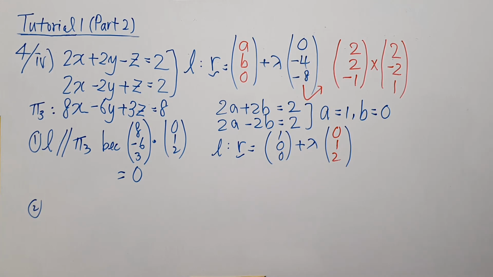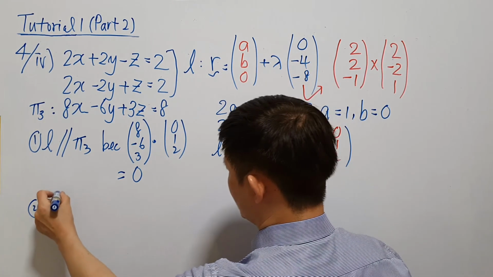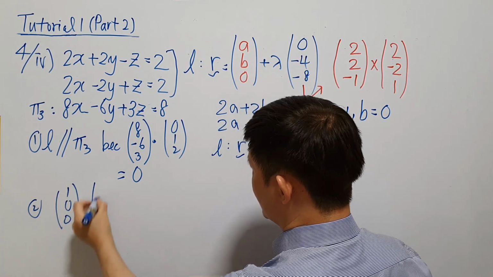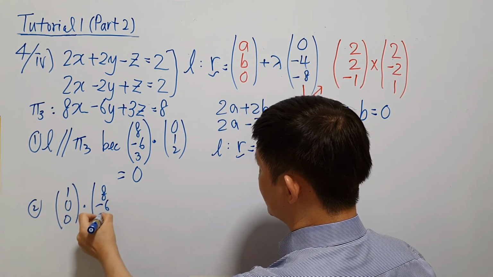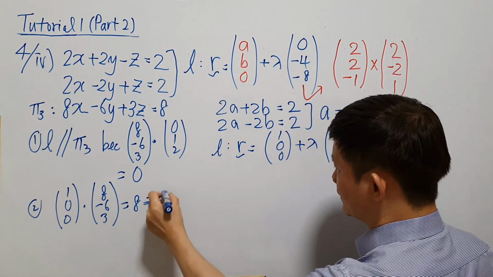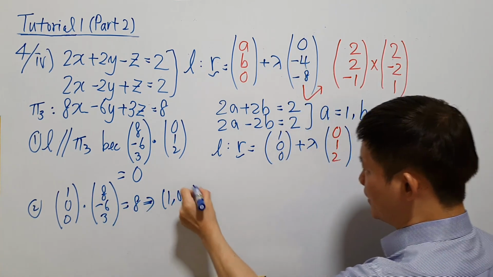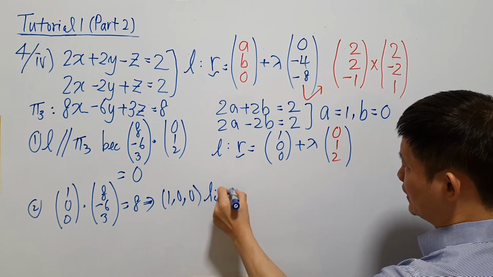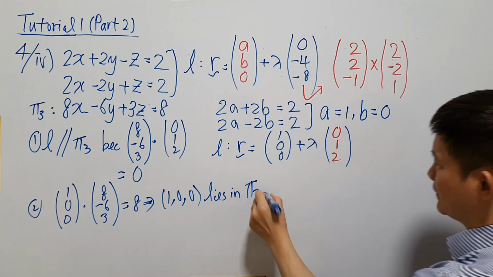The next thing we want to check is whether this point on the line L is also on the third plane. How do you check? You do 1, 0, 0 dot with the normal vector of the plane, and this is equal to 8. So this implies that 1, 0, 0, the point on the line, lies in pi 3.